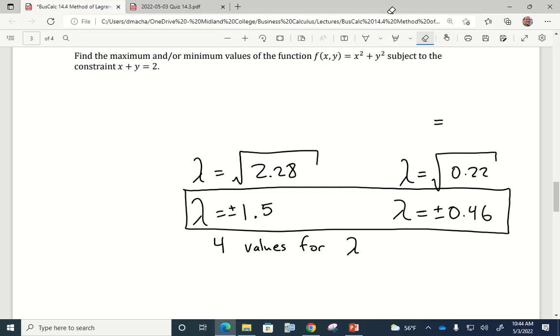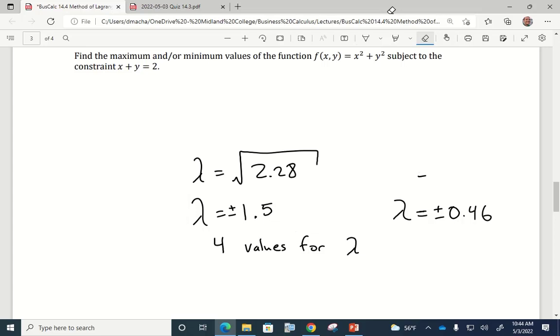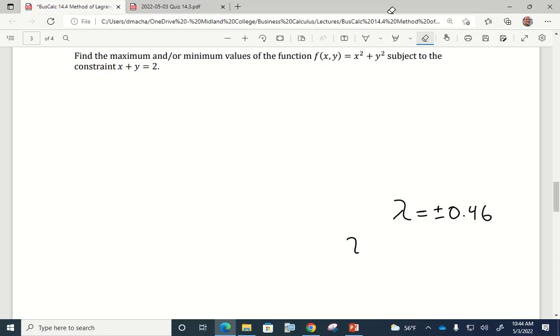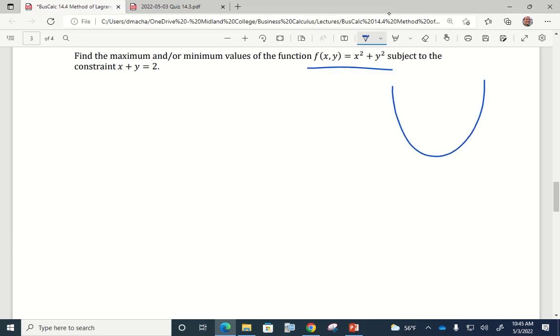Okay. So this time my constraint is actually the formula for a line. I can rearrange that so that y is equal to -x plus 2. And it's a line with slope -1 and y-intercept +2. And this multivariable function is a paraboloid. So it's going to look like a parabola in the x direction and a parabola in the y direction.